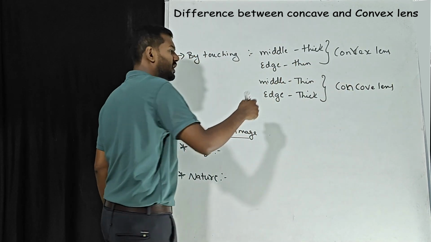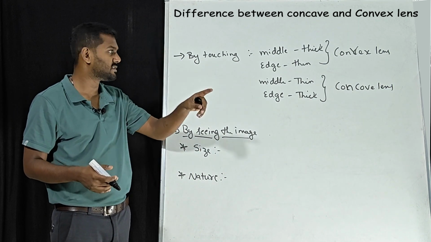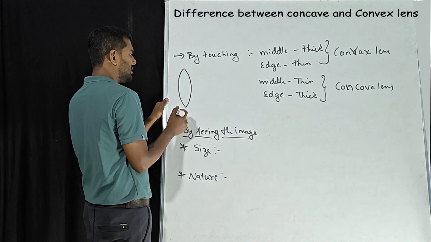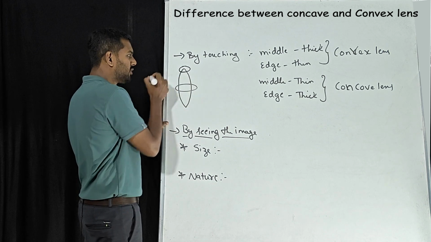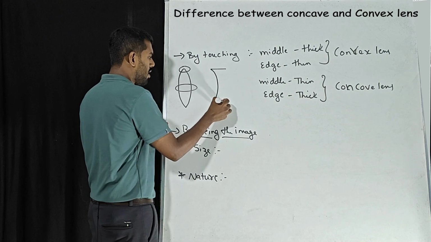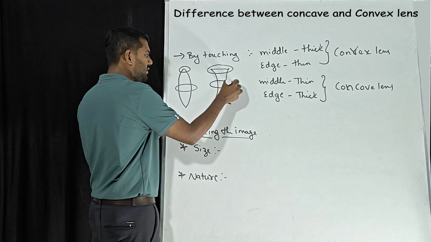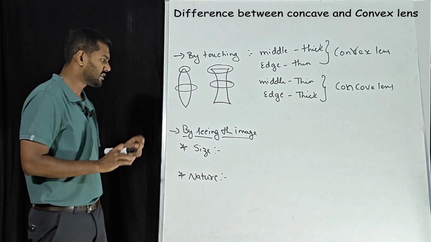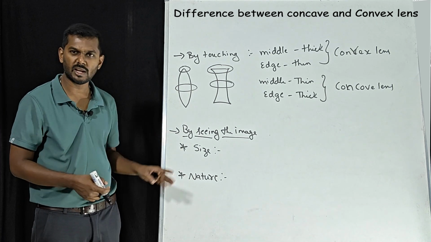If you can imagine the diagram, the image of the lens: in a convex lens, the middle part is thick compared to the edge, so this is convex. Then here, compare the edge with the middle part, the edge is thicker than the middle part, so it is concave. That's it.